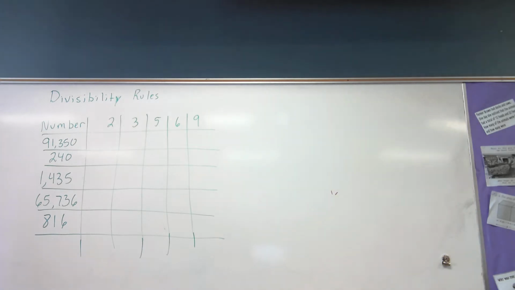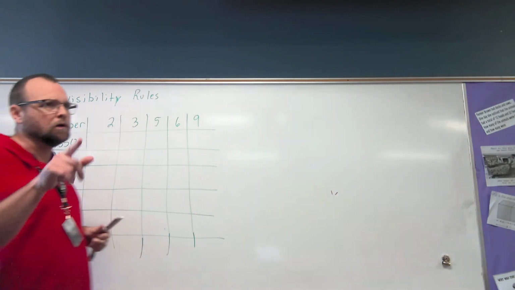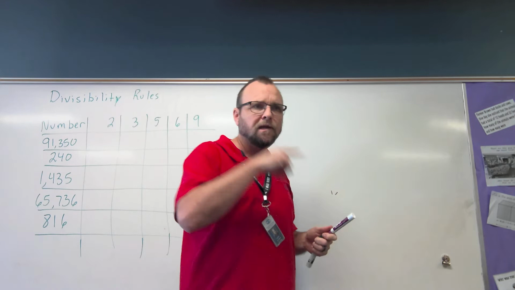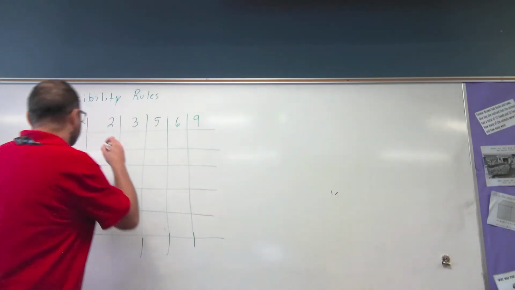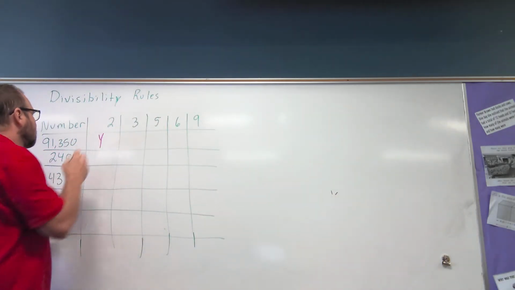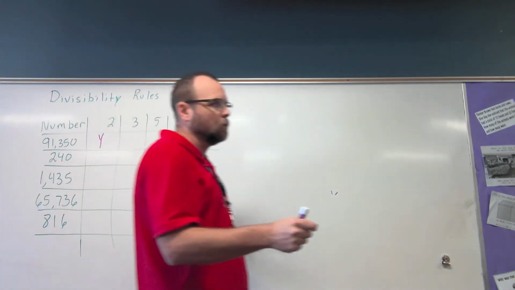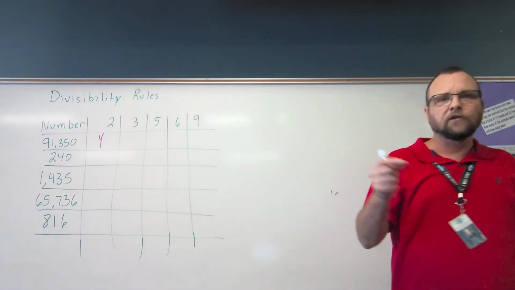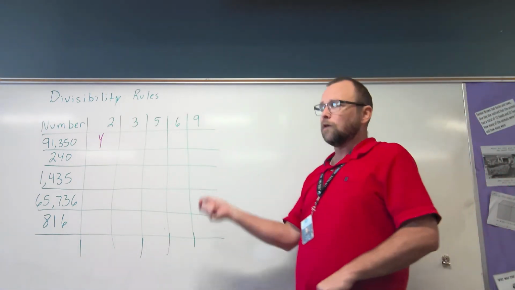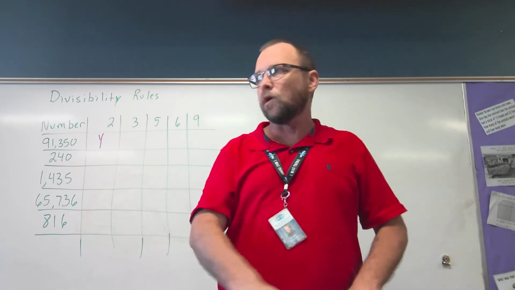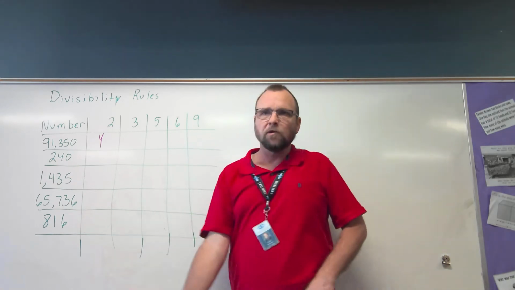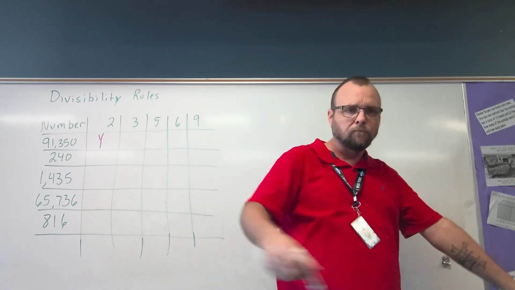So, yes, 91,350 is divisible by 2 because it has a 0 in the ones place. That means no remainder.